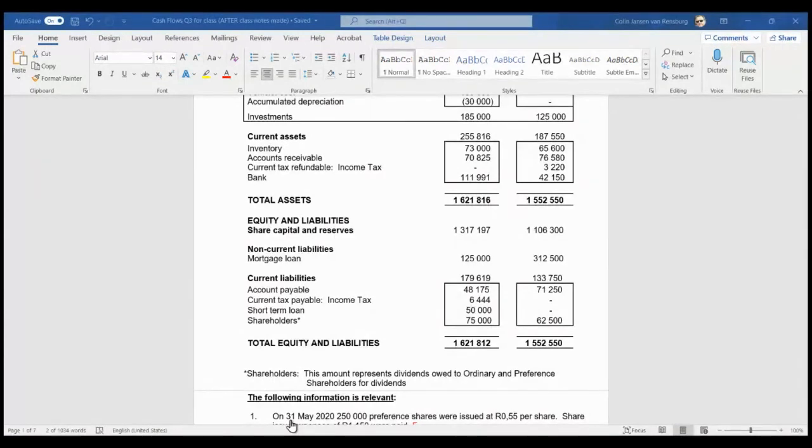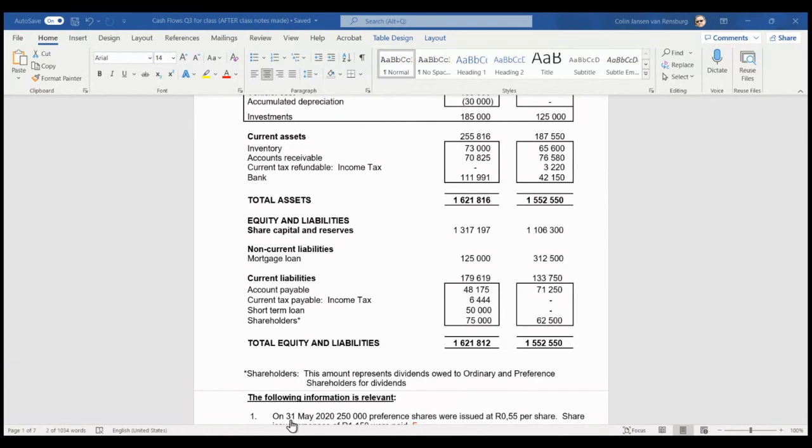Which means, ladies and gentlemen, that all of those dividends declared were not necessarily paid. We could have paid some of the dividends that we accrued at the end of last year, in other words, at the beginning of this year, and clearly those dividends that we've declared this year that we haven't paid by the end of the year are also sitting there, that 75,000.